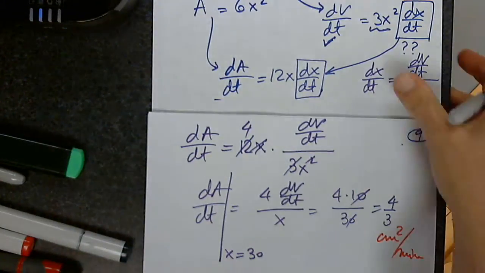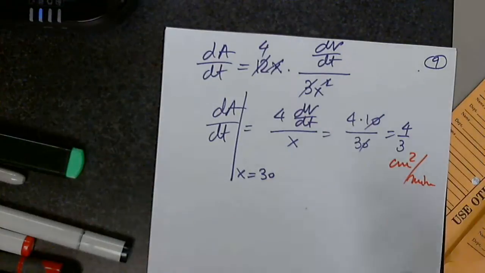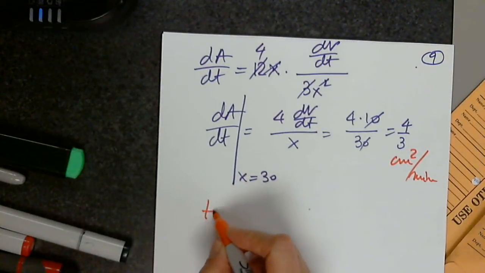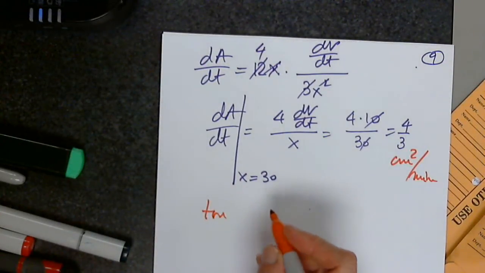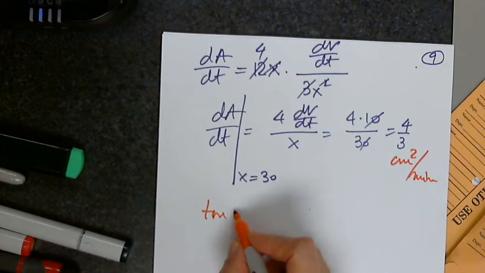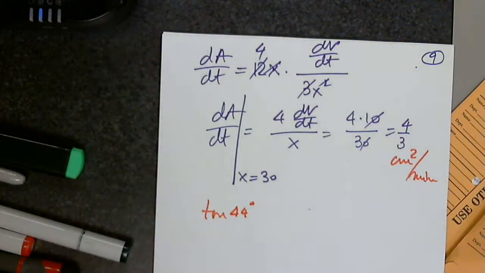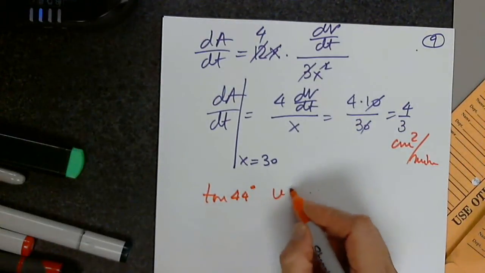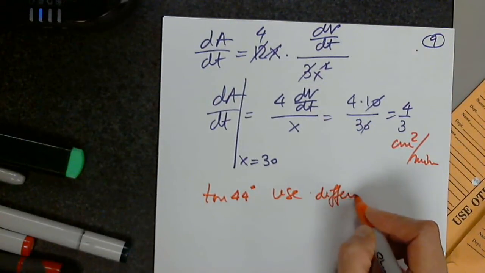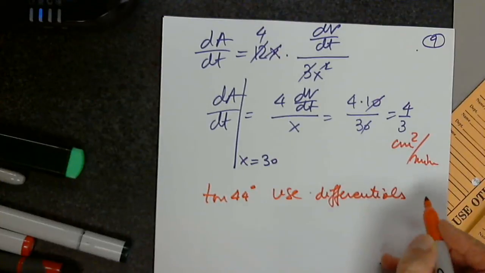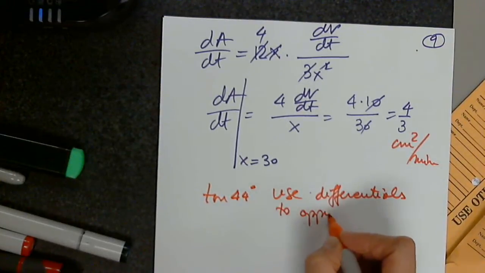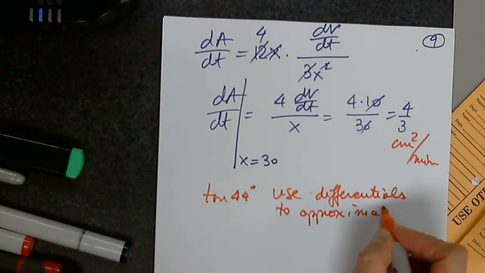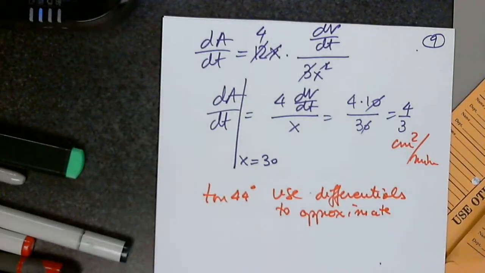Okay, so let's look at the following. Let's find tangent of 44 degrees using differentials. Use differentials to approximate tangent 44 degrees.